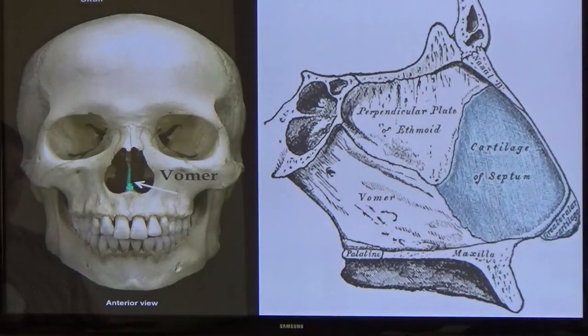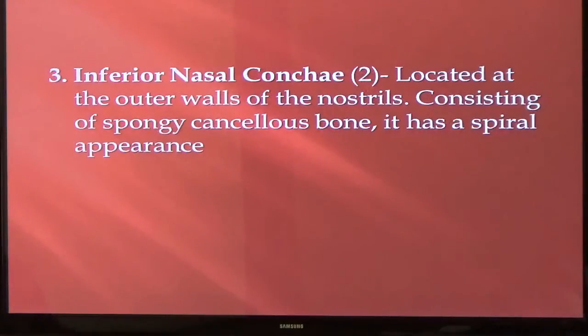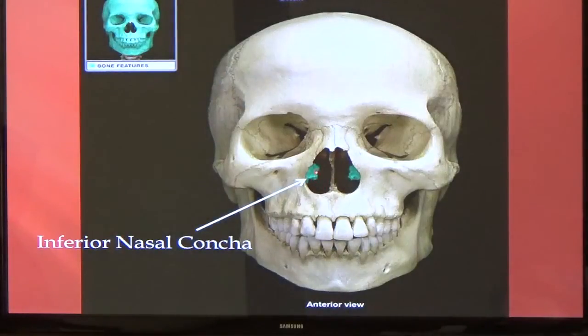So you have the ethmoid, and then the vomer is down here, and then the rest of your nose is all cartilage. Inferior nasal concha, those are the bones on the sides of your nasal cavity. They're kind of spiral, and they're spongy, kind of like honeycomb, if you look at them. But they're these here on the side.